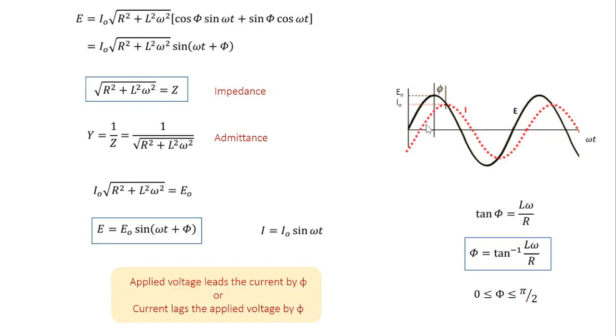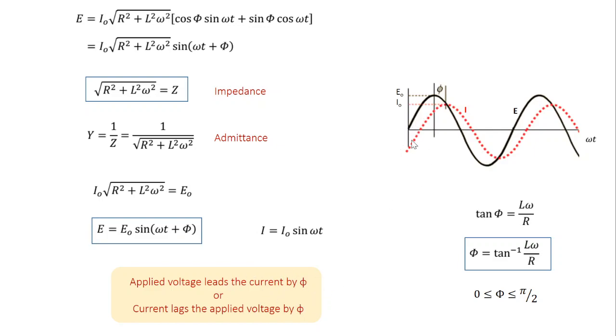If you look at the starting point, you can see that the voltage is leading over the current, or current is lagging behind the voltage. So even though here the expression is E naught sine omega t plus phi, when I just plotted E naught sine omega t, and current I plotted as I naught sine omega t minus phi. So in any case, you need to maintain the phase relation between these 2 points.